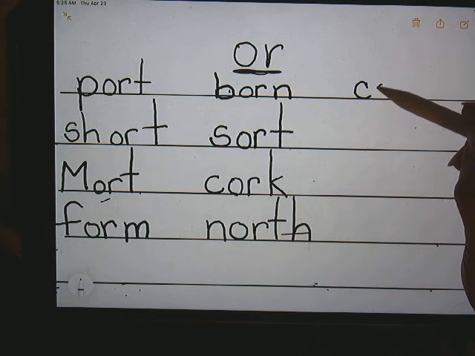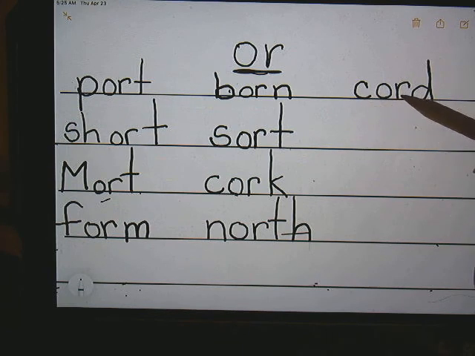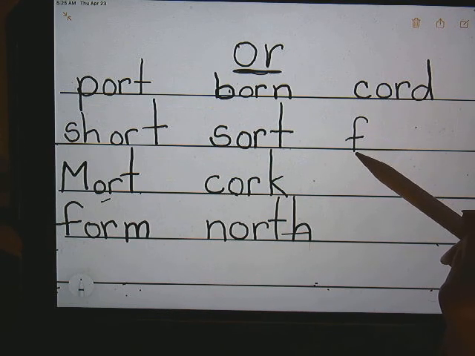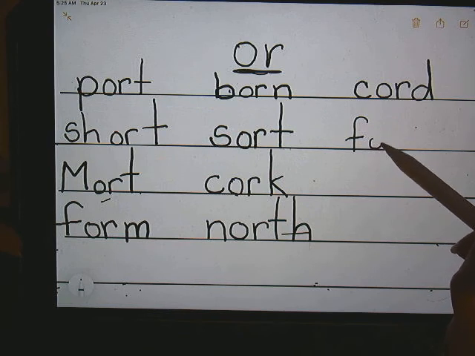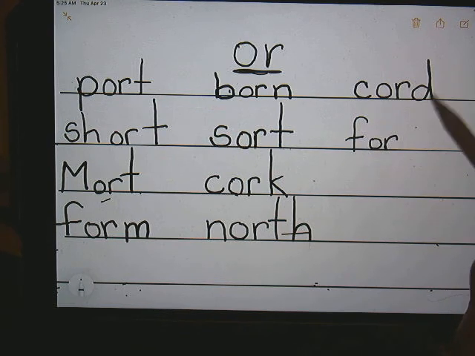Sound k. Sound or, blend core. Sound d, blend cord. Word cord. Sound f. Sound or, blend for.